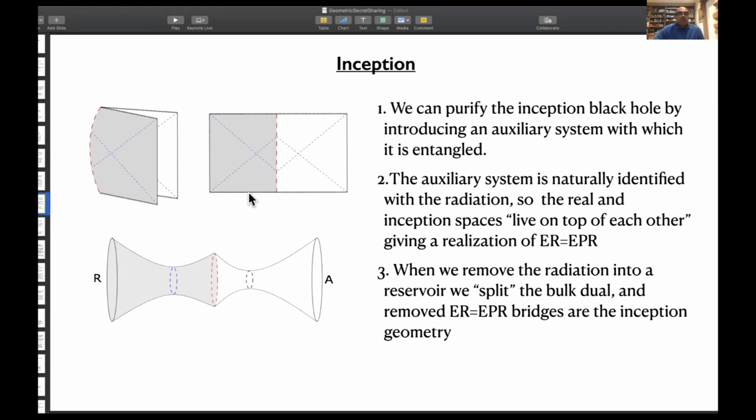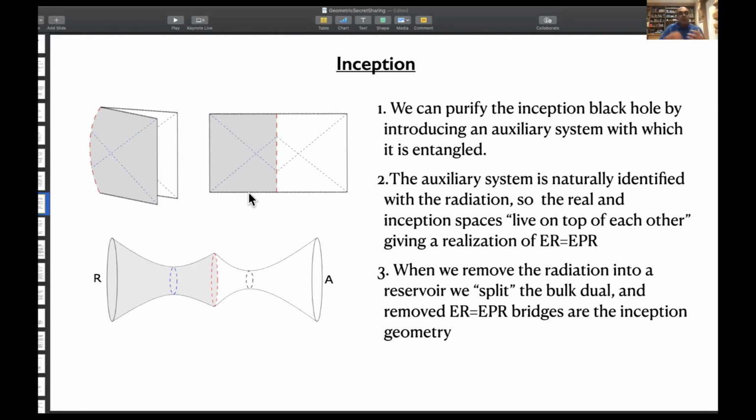So one way of thinking about this is, to the extent that you take ER equals EPR, let's interpret that to mean that if you have large amounts of entanglement, there is in some way a way of geometrizing that into Einstein-Rosen bridges, okay? So suppose you take the radiation, which is entangled with the end of the world brane, and remove it into a reservoir. Then in some sense, you wind up splitting the bulk dual.